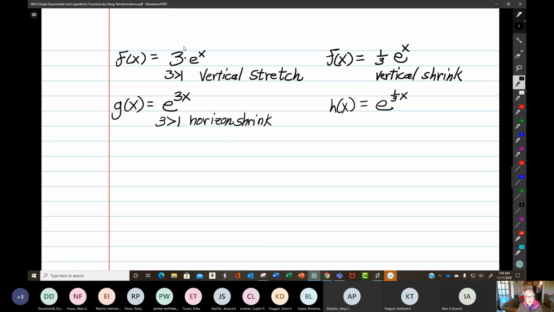Up here, this number, whether it's a big number or a small number, multiplies the y coordinates of all the points. So does this. It multiplies the y coordinates.